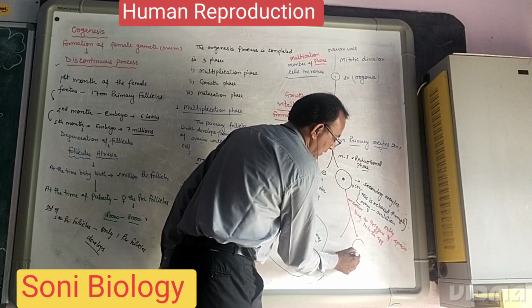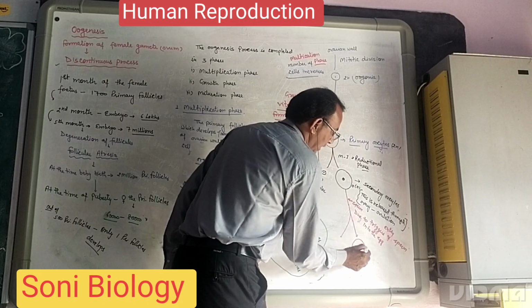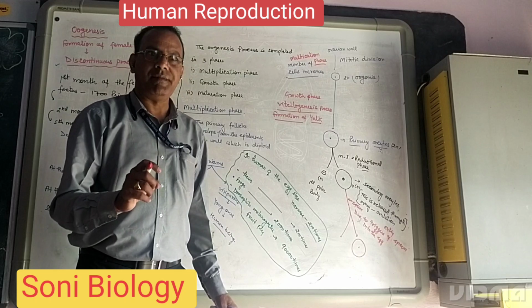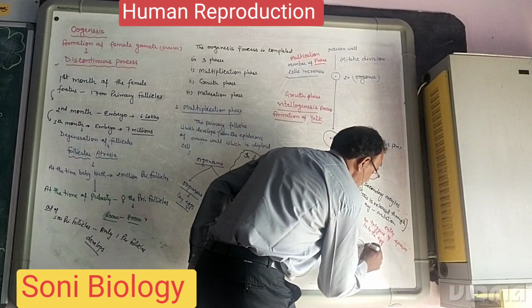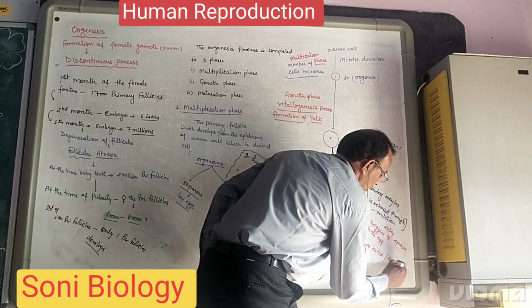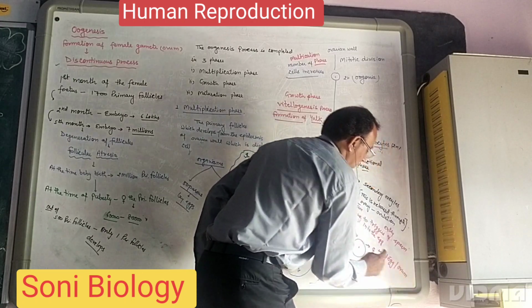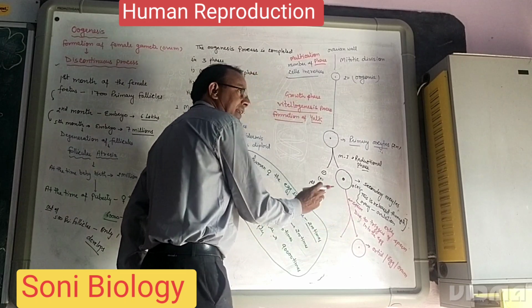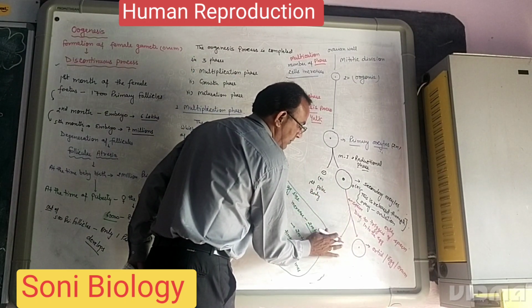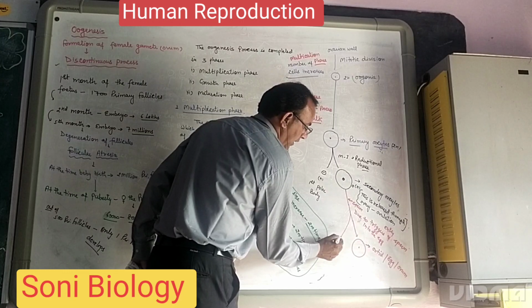After that division, this cell is called ootid, egg or ovum. Another tiny cell is also produced. This tiny cell is called the second polar body.